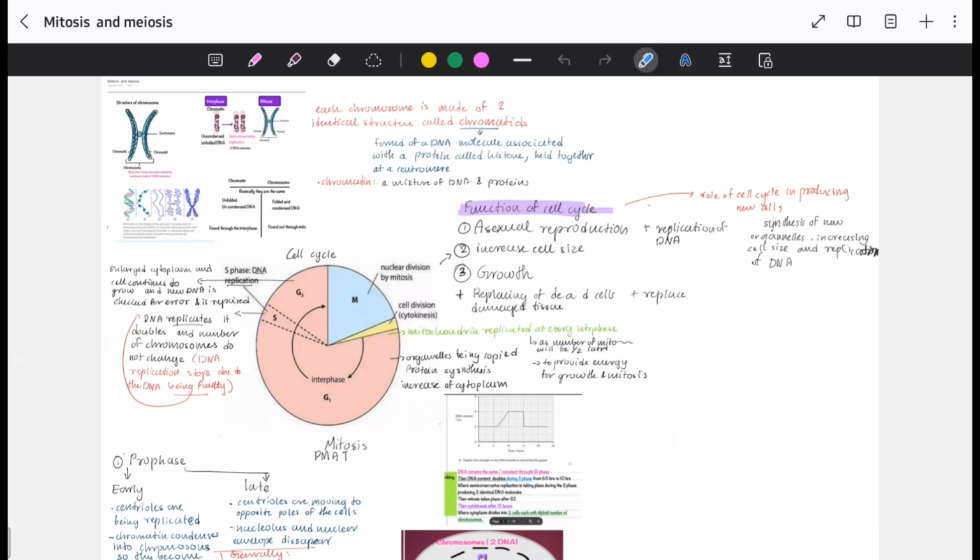Is the DNA included now? It's mostly chromatin, but only during cell division does it become a chromosome. After it's done, it becomes chromatin again.